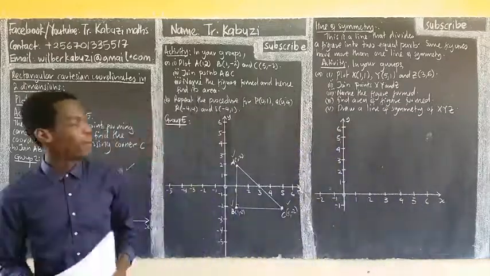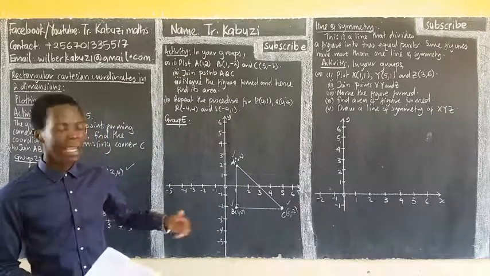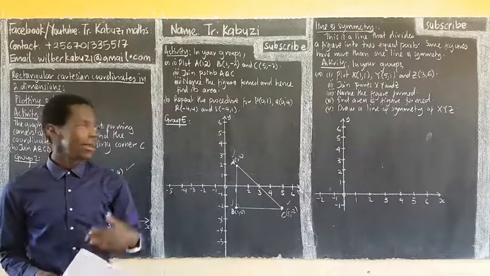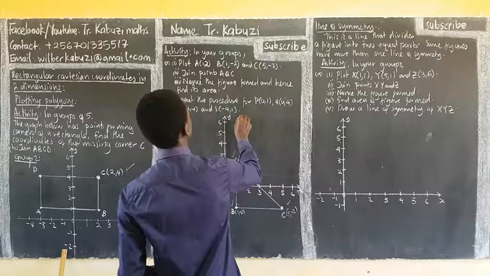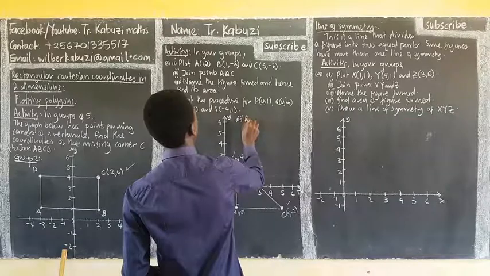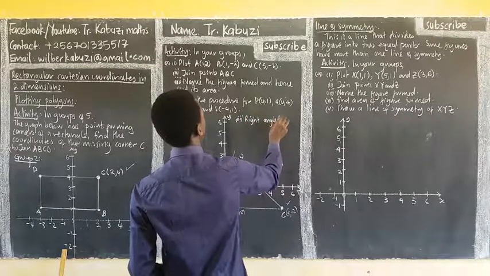Can we give them a hand clap for right angle triangle? Someone can just say triangle, okay, but they went on to say right angle triangle, which is very okay. So the name is right angle triangle.